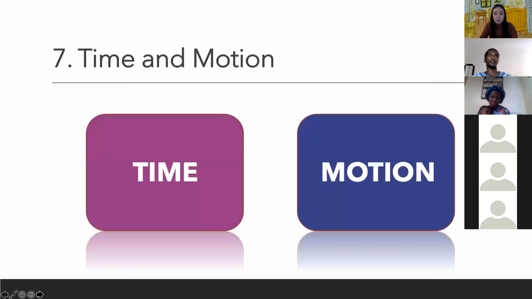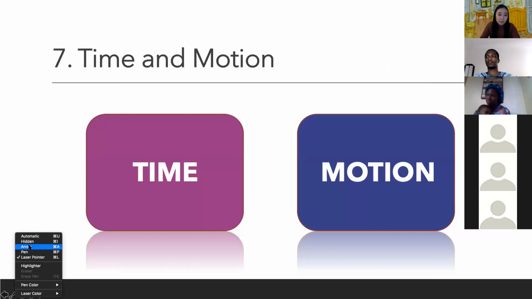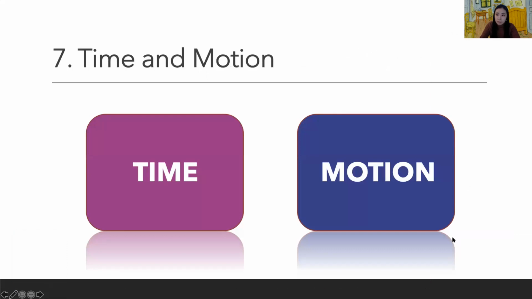And now let's look at time and motion. Time and motion have always been linked to art. During the 20th century, time and motion truly took their places as elements of Western art.